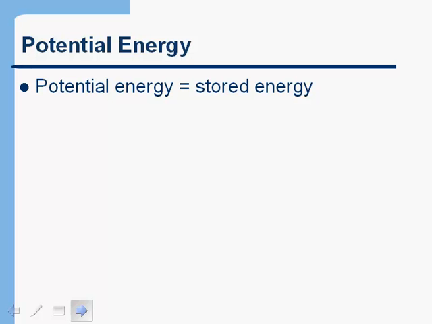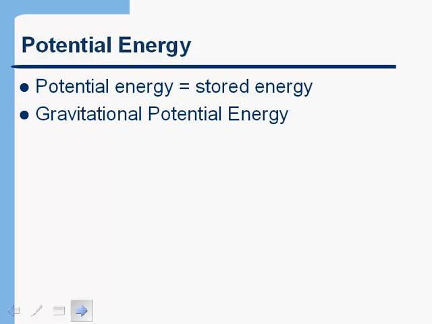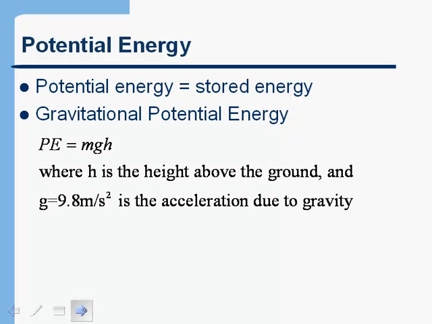The type of potential energy that we're going to be talking about in this section is gravitational potential energy. And let's look at how gravitational potential energy is defined. Gravitational potential energy is defined as m times g times h, where h is the height above the ground and g, the acceleration due to gravity, is 9.8 meters per second squared.